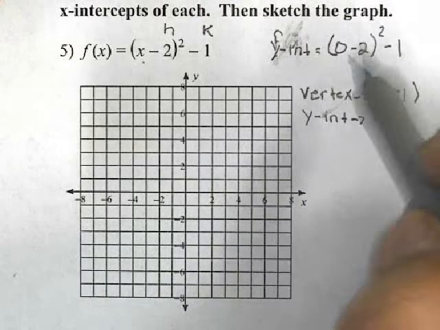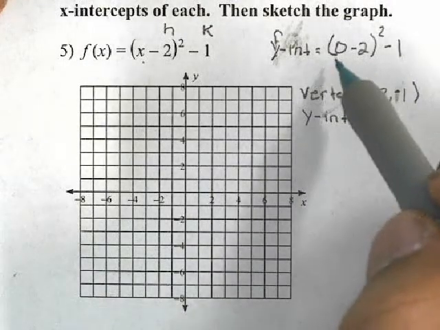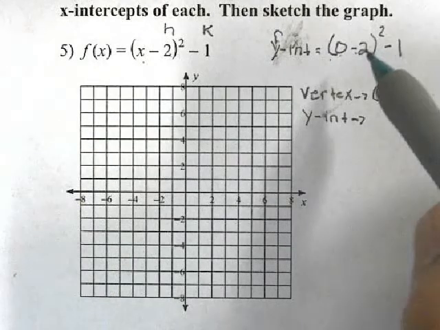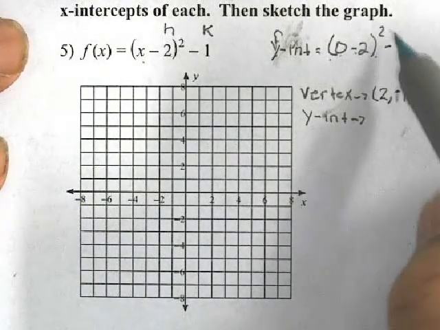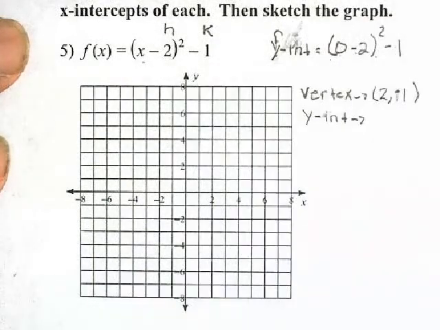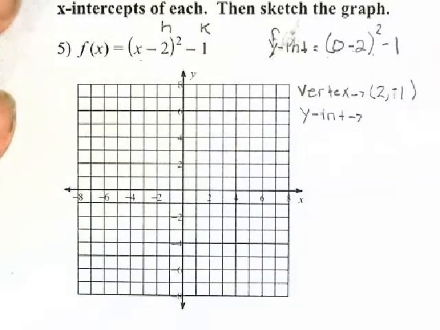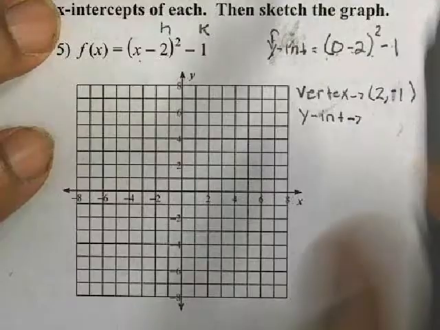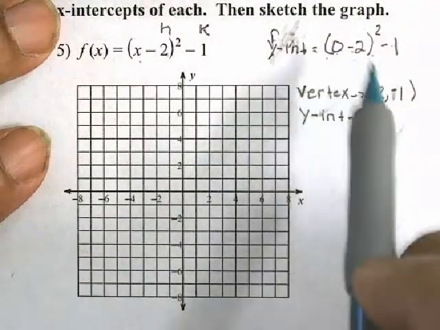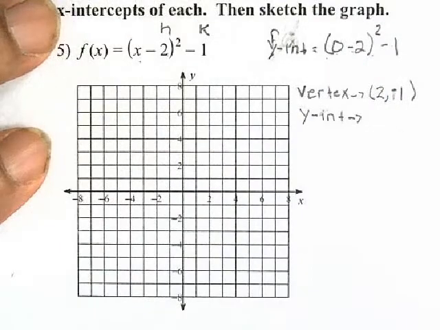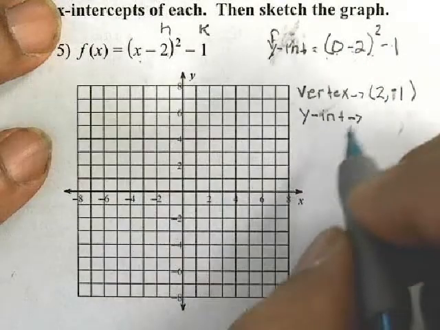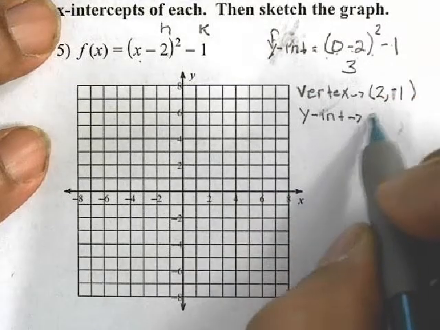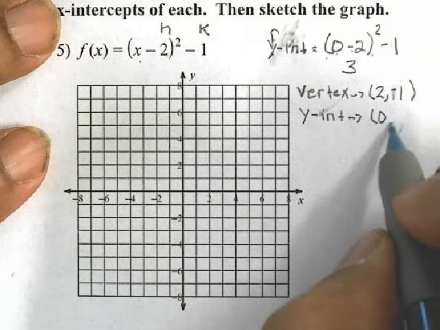Put that into your calculator just like that: parentheses 0 minus 2 close parentheses squared minus 1. And when you put it in, you should get 3. The y-intercept is located at (0, 3).